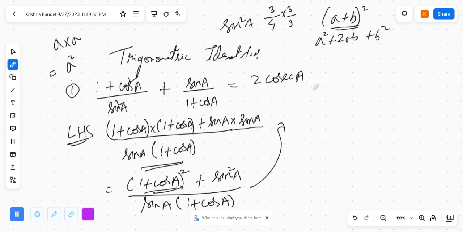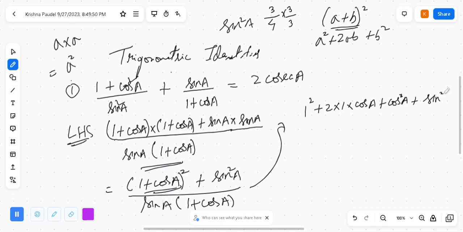So this time my a is 1, so 1 square plus 2 into a into b plus b square, plus the sine square that was already there. So this is my a square plus 2ab plus b square.